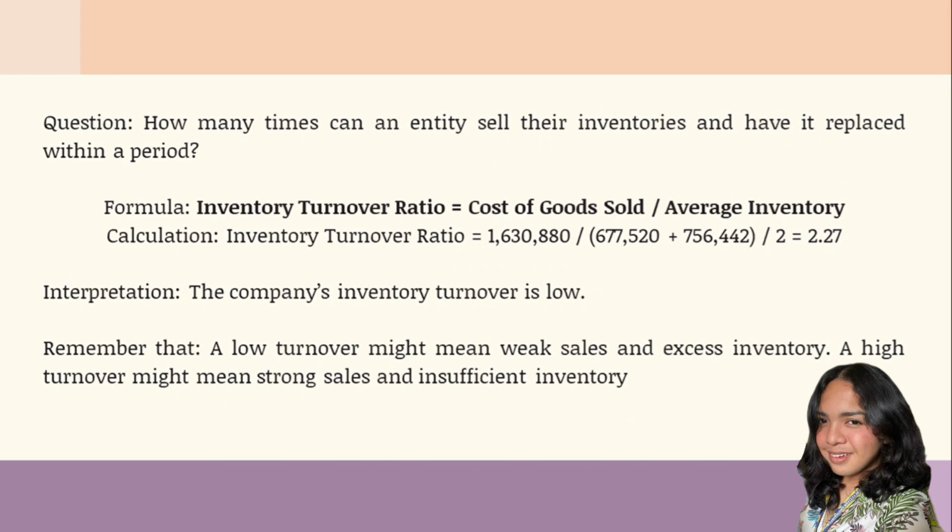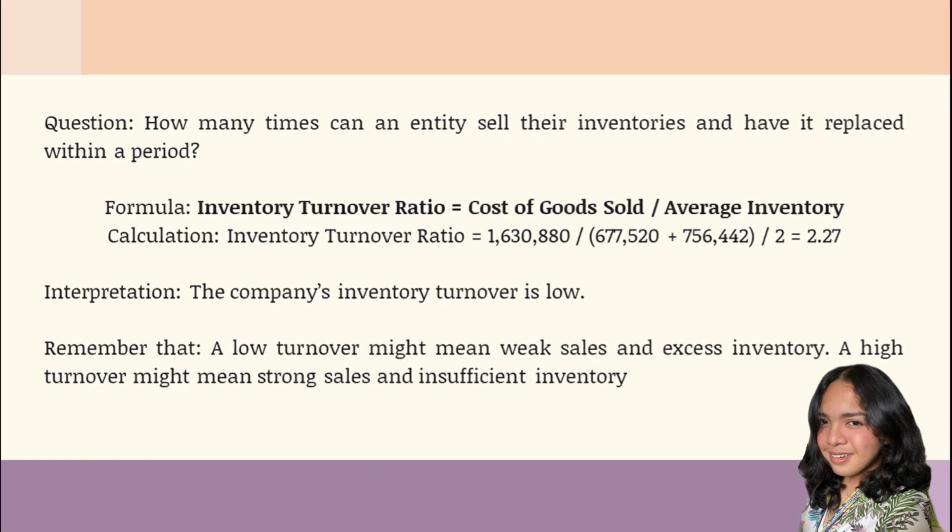So, inventory turnover ratio equals 1,630,880 divided by 677,520 plus 756,442 divided by 2, which equals 200.27. So, the company's inventory turnover is low. A low turnover might mean weak sales and excess inventory. A high turnover might mean strong sales and insufficient inventory.